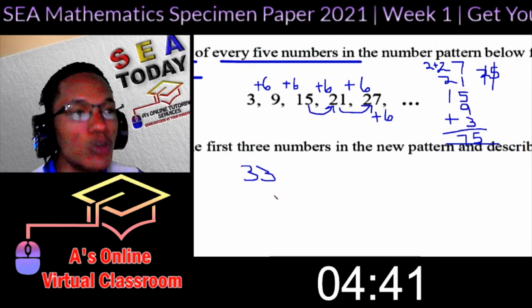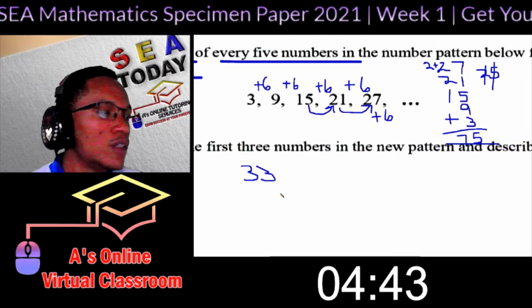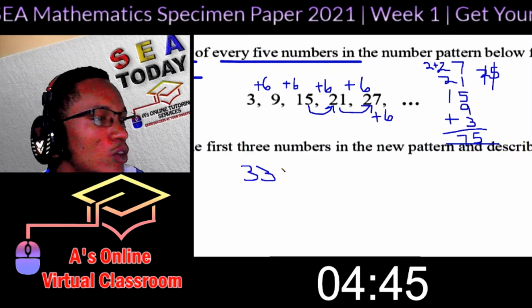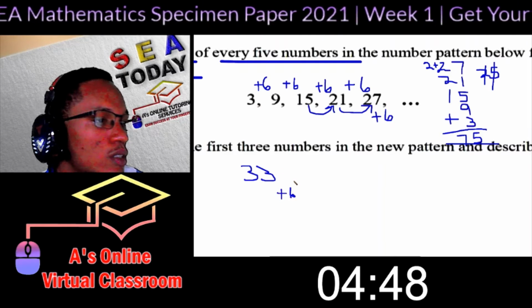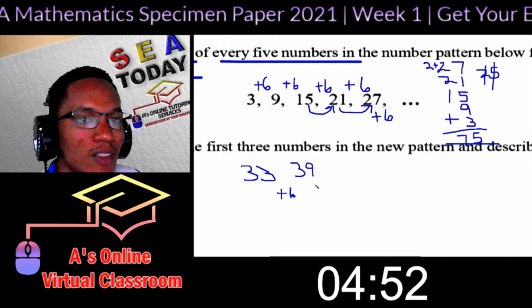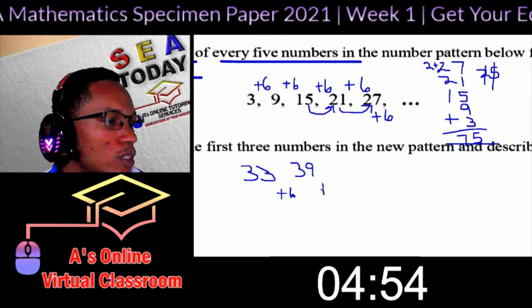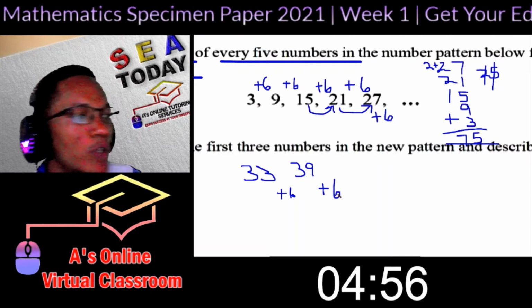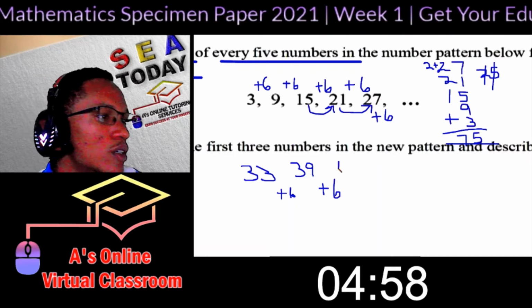Alright, so this is the first number in my pattern. 33 plus 6 gives me 39. Then we continue with plus 6. 39 plus 6 is 45.